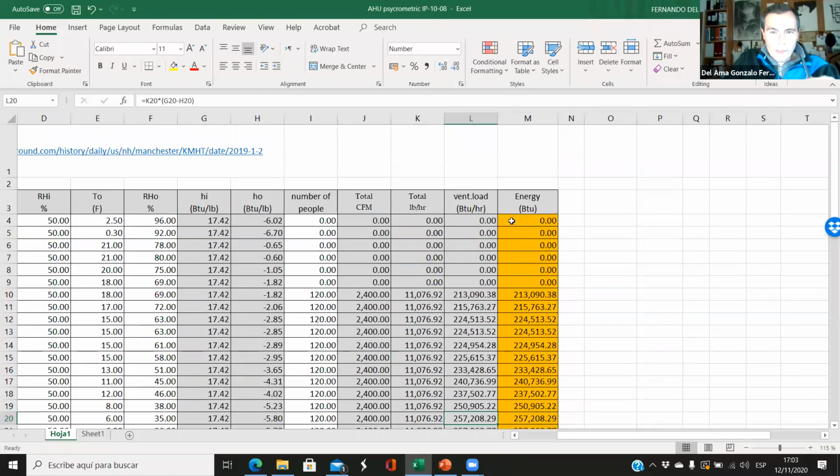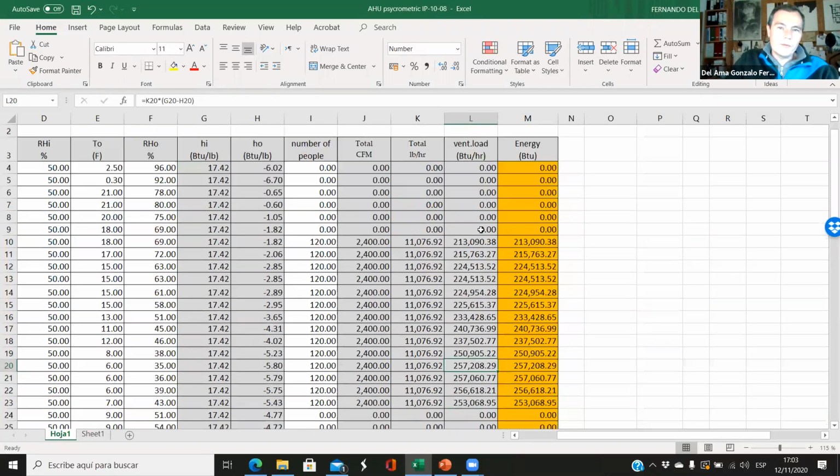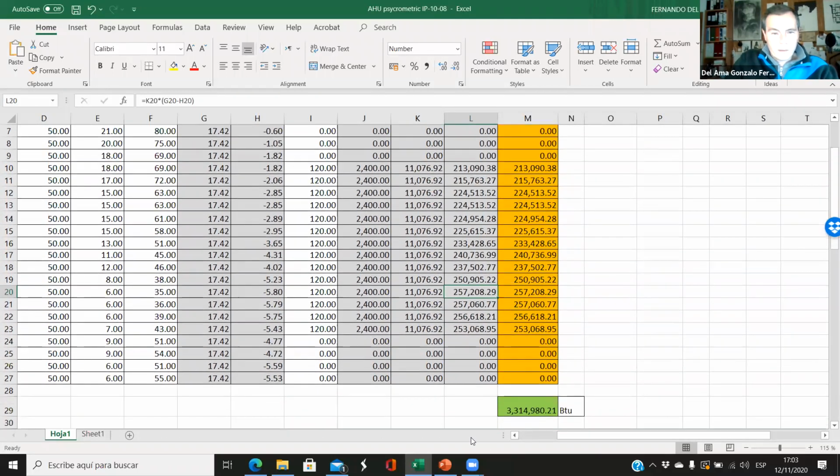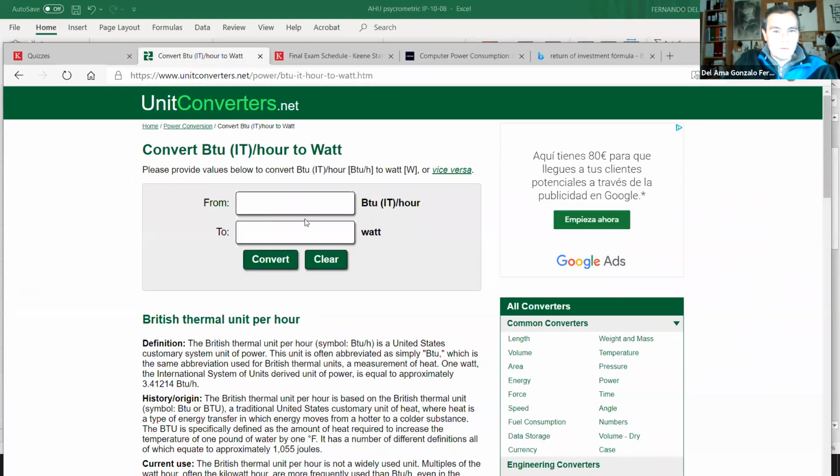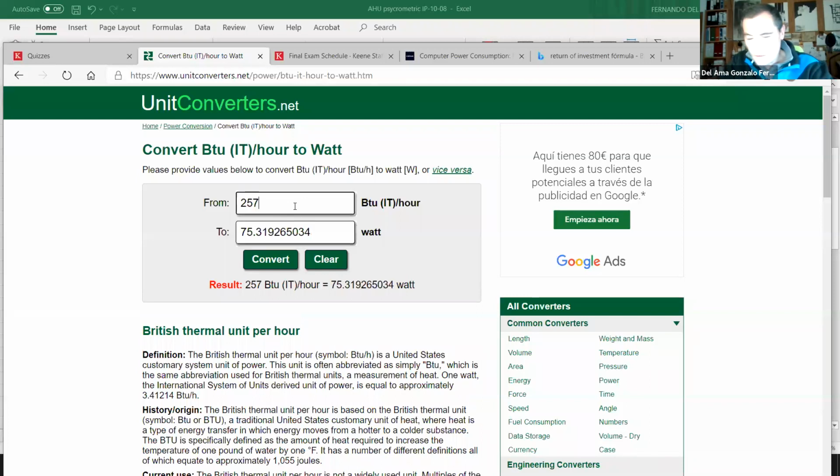If we are working with electricity, we need to turn this into watts. So we can go to a converter, BTU to watts. So the maximum was 257,208. Okay, so this is the power in watts. So it's 75,380 watts.